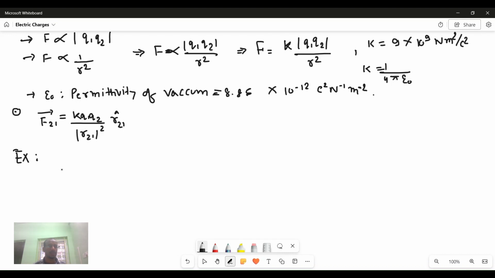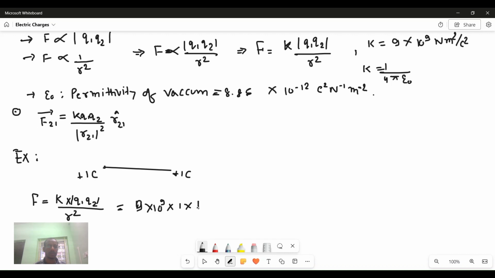If we have two charges, plus 1 coulomb and also plus 1 coulomb, the force between them is given by F = k|Q1 Q2|/R², which is equal to 9 × 10^9 × 1 × 1 / 1², since the distance between them is 1 meter.